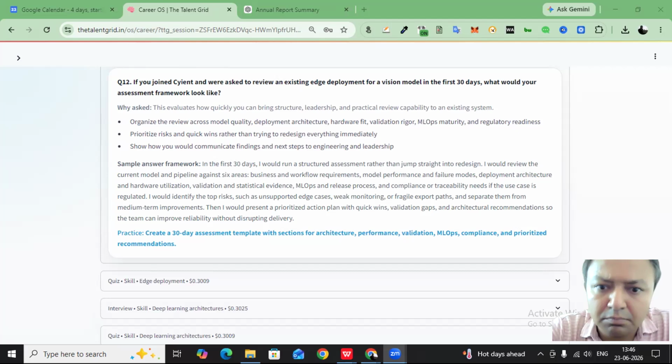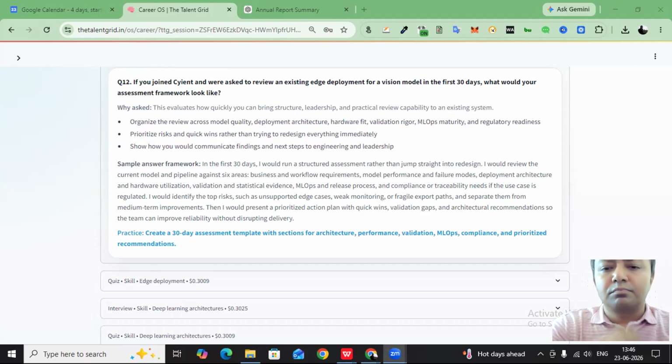And also the hardware: memory utilization, throughput, power consumption, and optimization opportunities wherever possible. Then testing strategies, what they are following, and whether there is scope for improvement there.